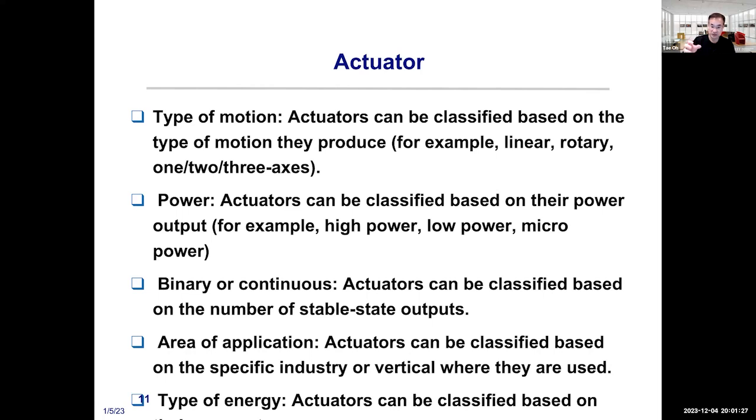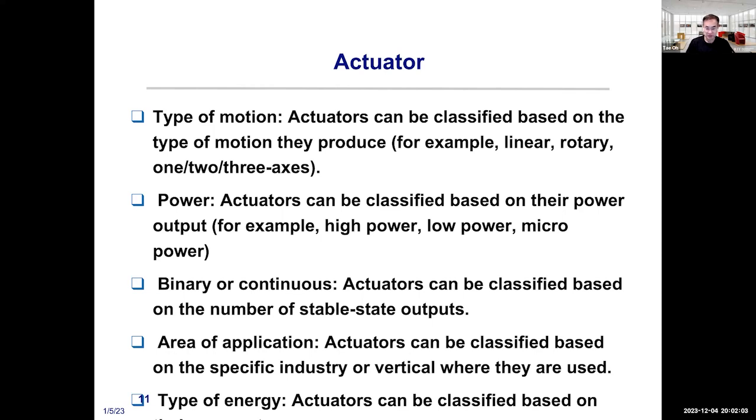It will try to lift a little bit, and if it's not happening, it is trying to measure the weight. With the fingertips, it can feel whether it's a soft object or a hard object. Based upon that and the weight, the machine will process how much power it requires to lift this object. So you get power output, and it needs to be able to determine that. There's also a binary or continuous actuator class based on the number of stable outputs.